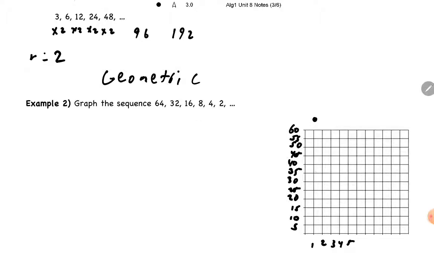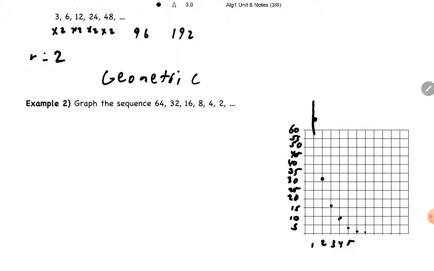So the first term is 64, and then we take half of that to get 32. It's around here. Then we take half of that, that's 16. Half of that, that's 8. Half of that, it's 4. Then 2. Then 1.